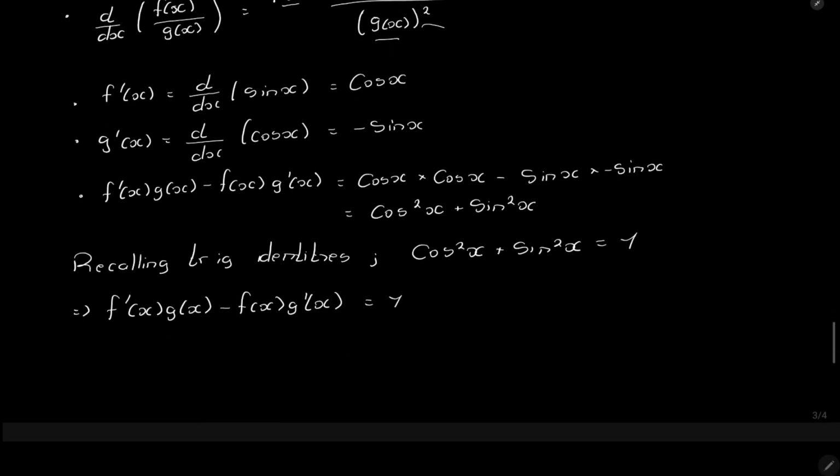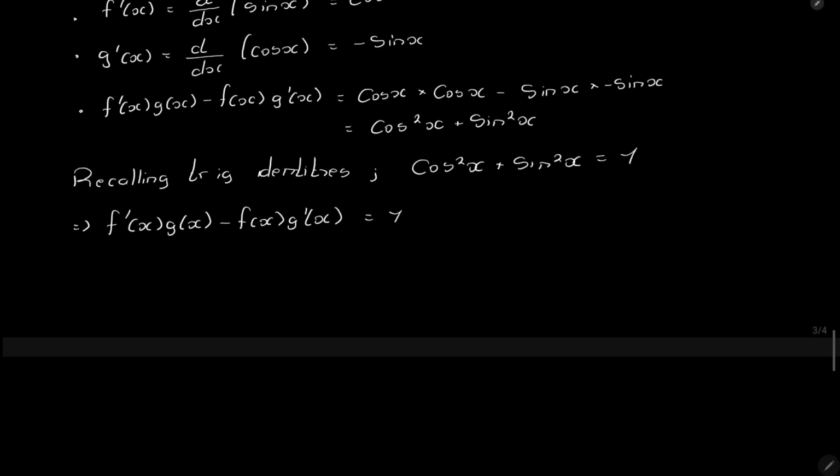We can then calculate our next term, which is the square of our denominator. G of x squared is the same thing as cos x squared, which is equal to cos squared x.